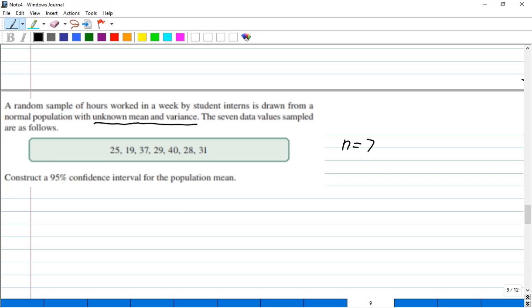Now, things that it does not give me that I need. Things that you would have to be able to calculate, whether you're using Excel or your calculator or by hand. You will have to calculate the sample standard deviation. You will have to calculate the sample mean because they're not given in the problem.